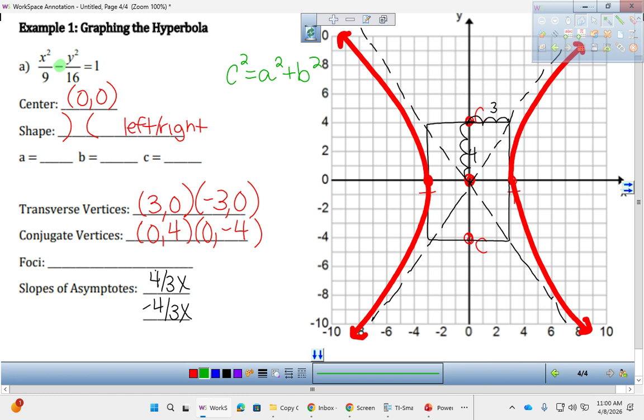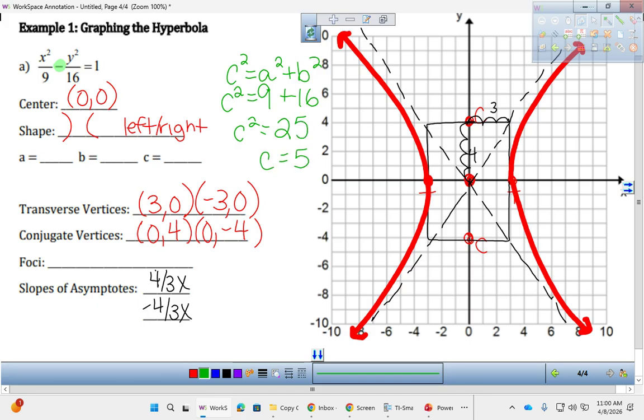So I'm going to write 9 plus 16 equals C squared, because I'm doing this number plus this number. So C squared equals 25, meaning that C equals 5.